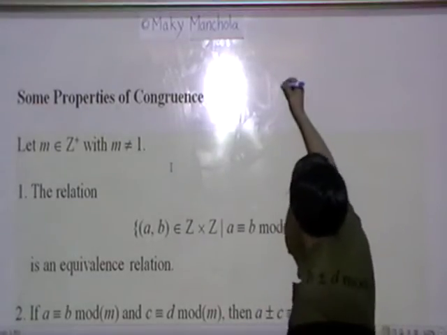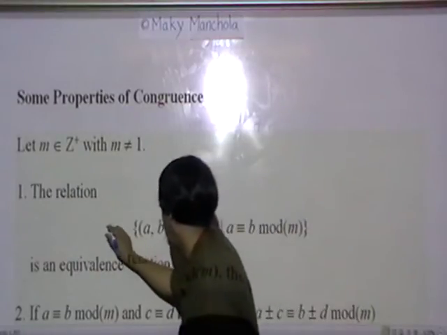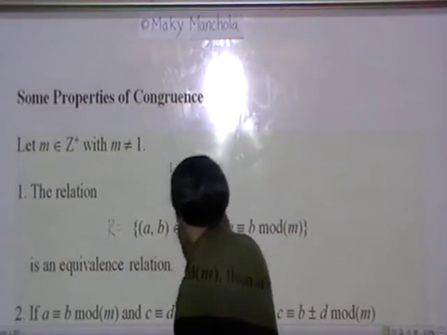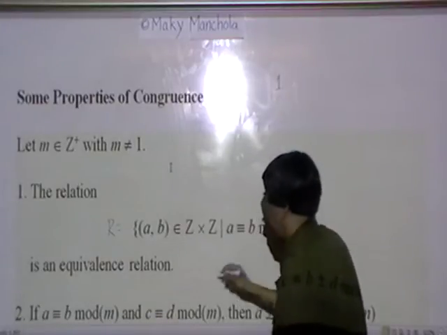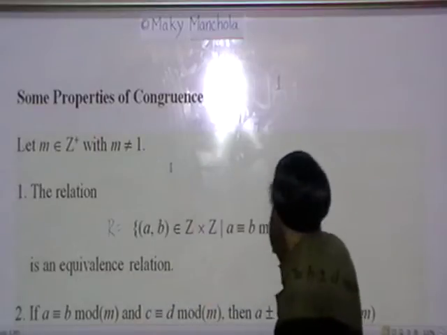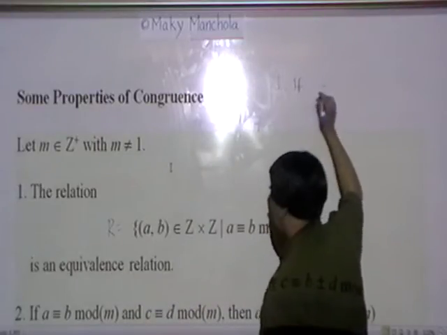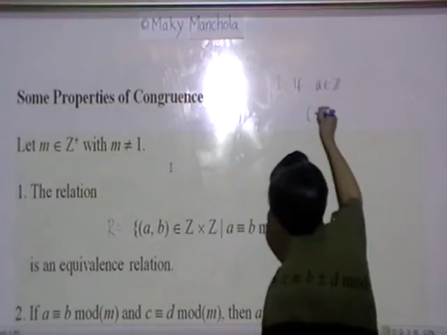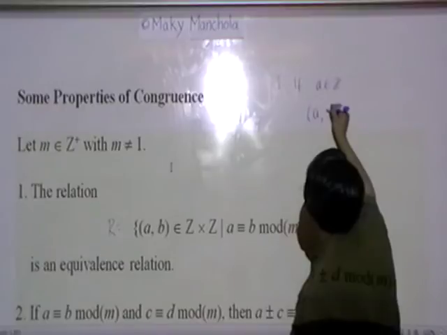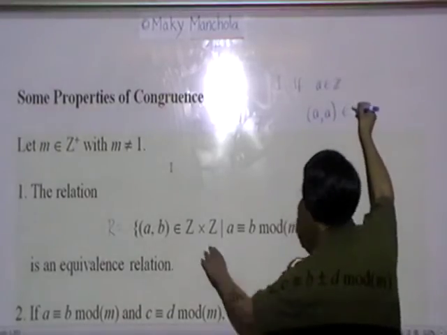Here is a reminder of what that was. If you call this relation R, so one property that needs to be satisfied to have an equivalence relation is that if A is an integer, A comma A is in the relation itself.